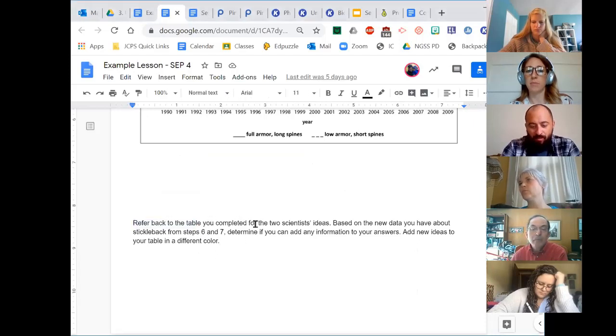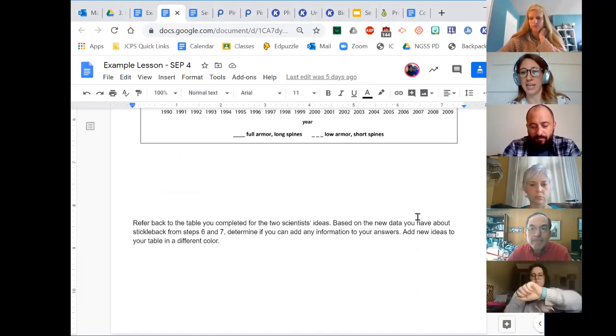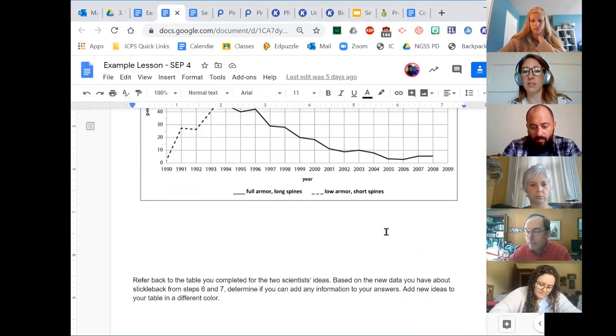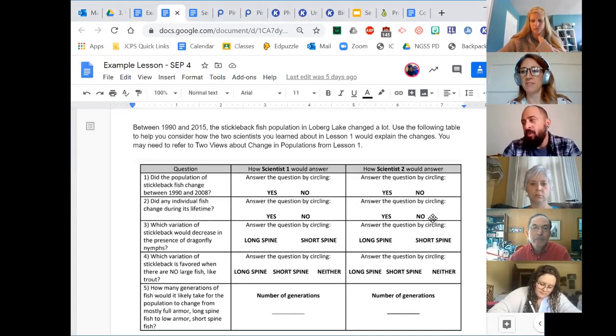Refer back to the table you completed for the two scientists, and based on the new data that you have, which really means the new science ideas that have come out of this data, determine if you can add any information to your answers. Then they also go back to this table and see if they can change anything in it based on those new science ideas.